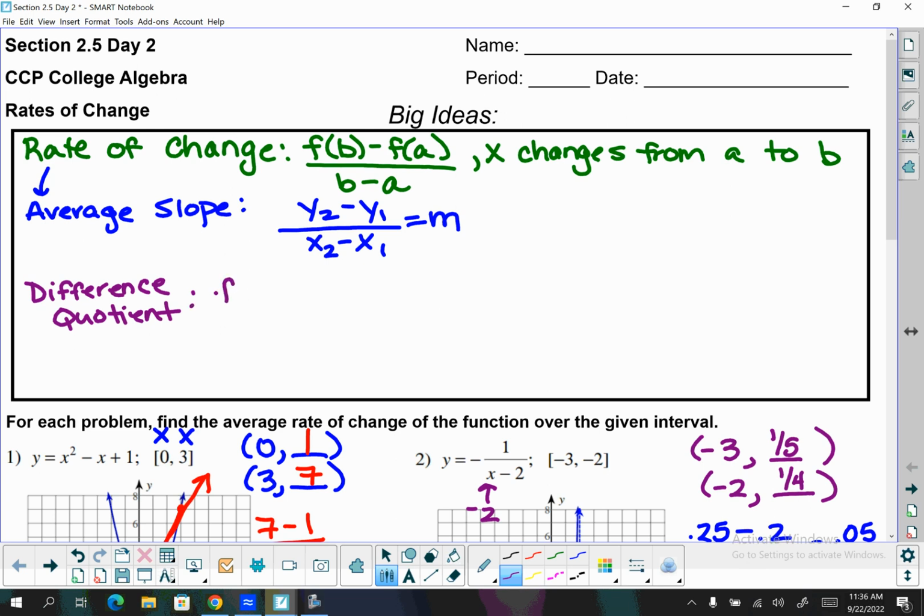Here's the formula. f of x plus h minus f of x all over h. Okay.